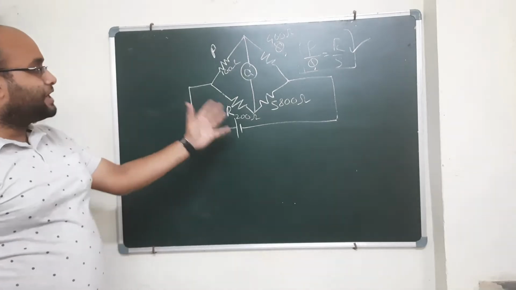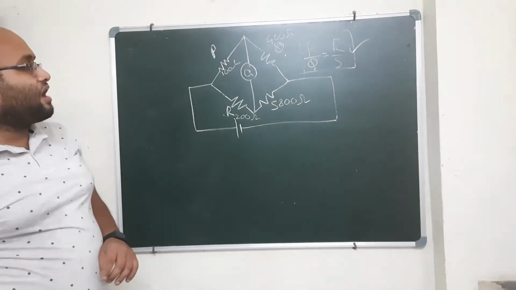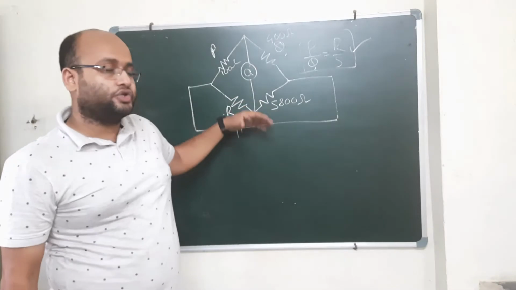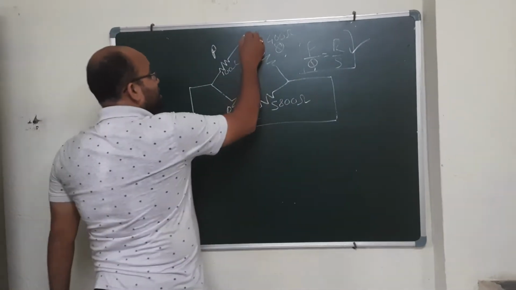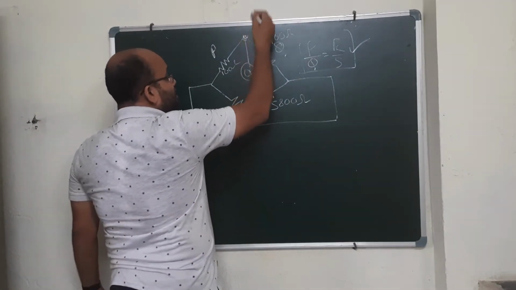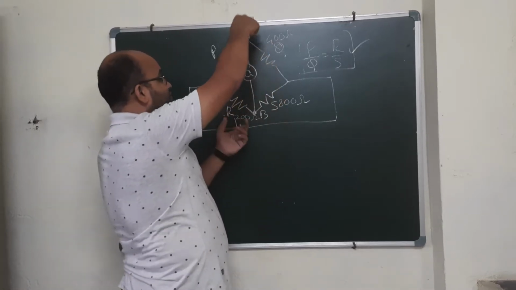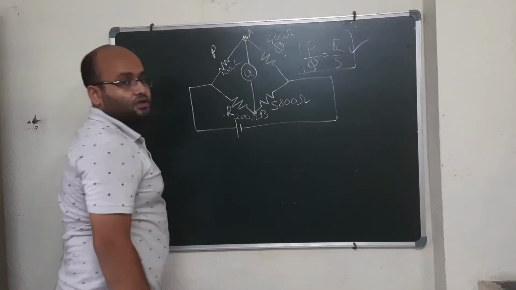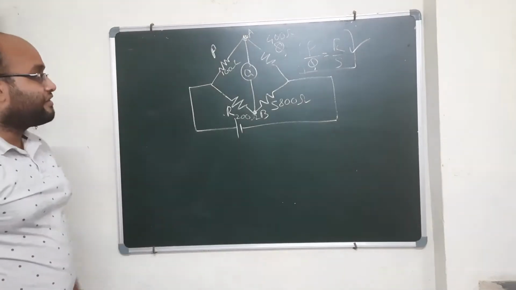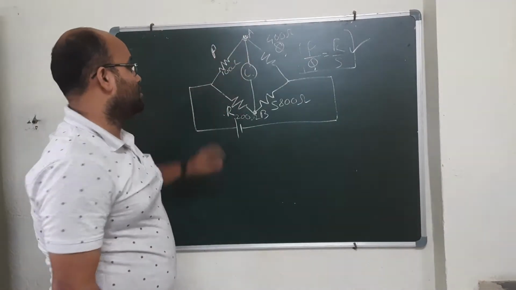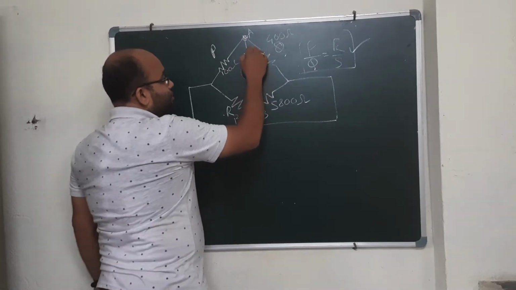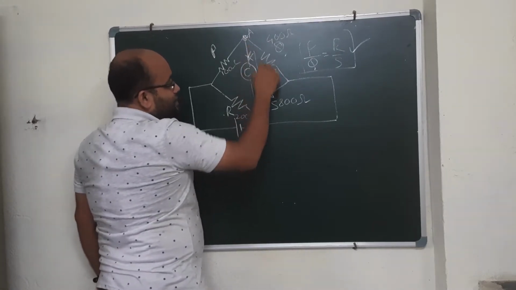So in this particular case, if the resistances are in ratios, then the potential difference between this point, I am naming the point A, and this point B, will be equal, and if it is equal, then there will be no current flow through this path.